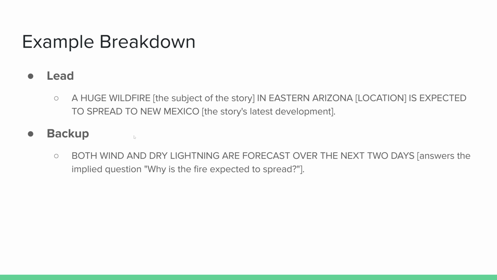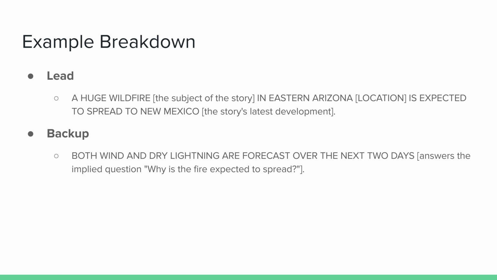Now, our backup for this, because remember we had a backup section, could be a combination of things, either that bridge background that we had before, or the body section from our inverted pyramid.